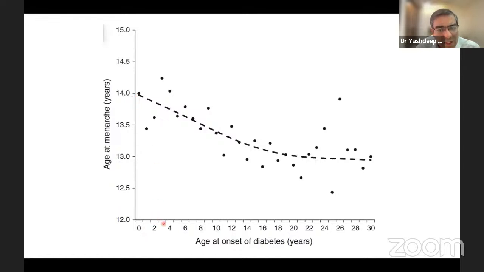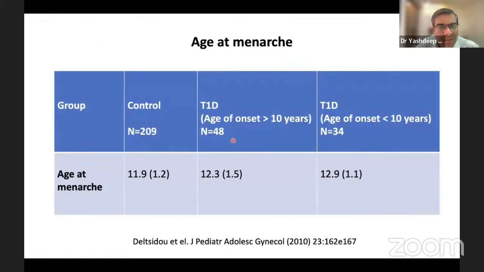As the age of onset increases, the menarche occurs near the normal period, and when it's after the prepubertal period, most of the women will have their normal menarche. So there is a clear cut relation between the early onset of type 1 diabetes and the onset of menarche, which is seen in the larger studies.